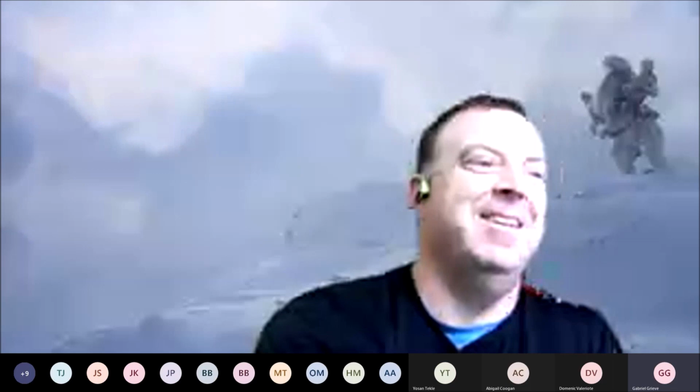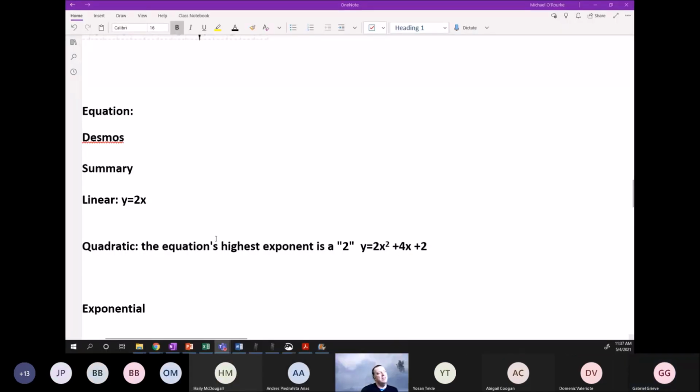Okay. All right. So as long as the highest exponent is 2, we're fine here. Okay? Where's my draw function here? And you see the highest exponent right here is 2. My question here is, here's a linear equation. Here's also a linear equation.